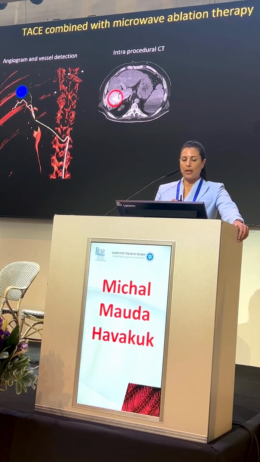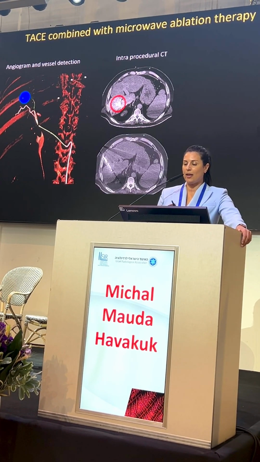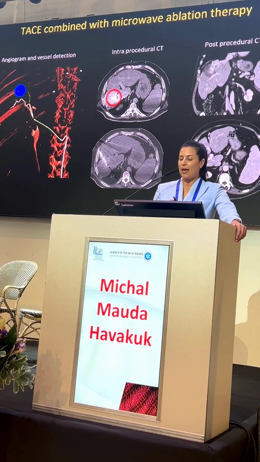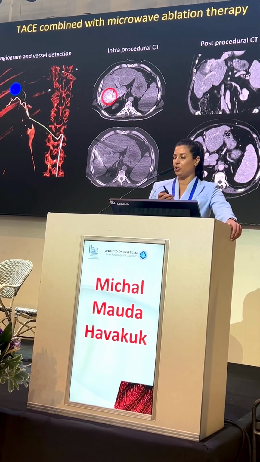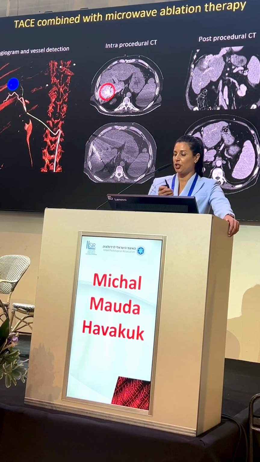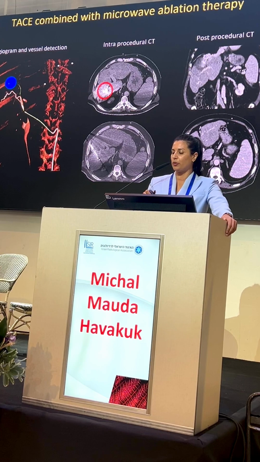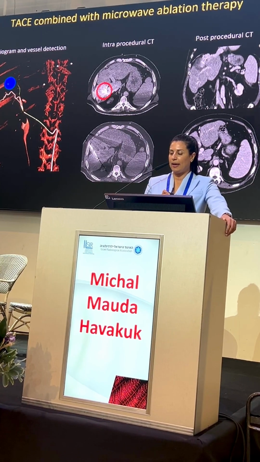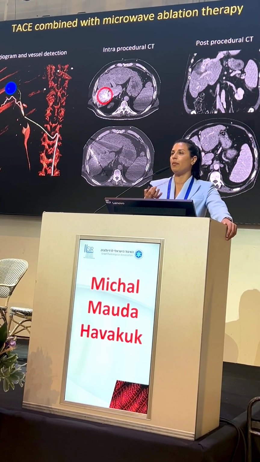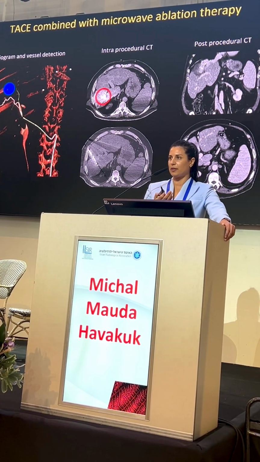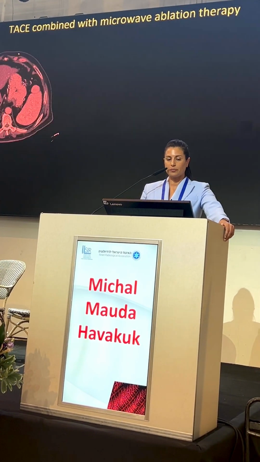Then we move the patient to the CT and place the microwave antenna into the tumor. And this is the immediate post-procedure CT, where we can appreciate the large ablation margin going all across, very close to the vessel basically. And the ablation margin here is much larger than was expected with ablation alone.